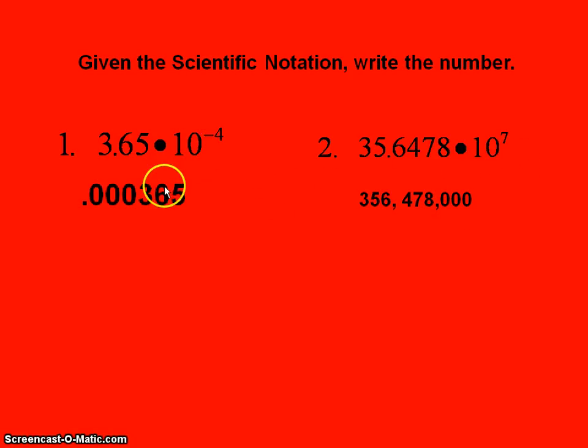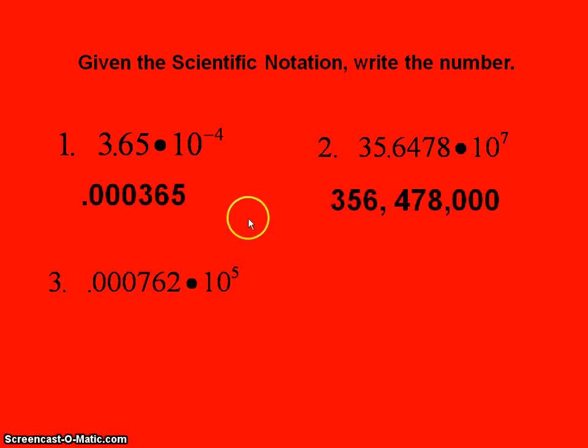Once again, the main idea is this. For number 1, if it was an amount of money, it wouldn't even be a penny, and you would not want that as a pay. So that's a negative thing. If you look at this amount of money, that would be a pretty nice payday. And that's why that's a positive thing. That's a positive exponent. Okay, number 3, you're going to be moving the decimal place 5 units to the right.